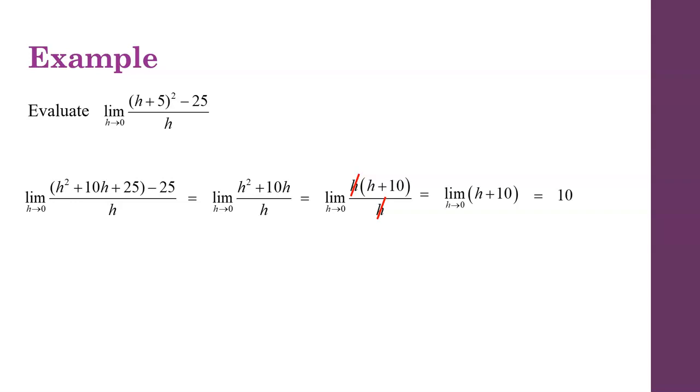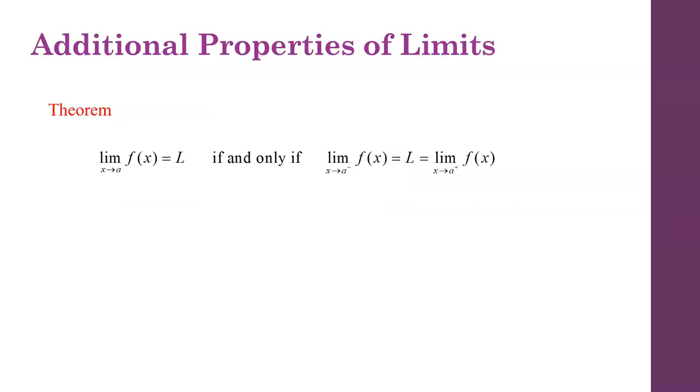Right, next we're going to look at a couple of theorems. The first theorem tells us that the limit as x goes to a of a function f of x is equal to a value L if and only if both the left limit and the right limit give me L. Right, so as I get close to a from the left side, the value that I get should be exactly the same as the value I get as I approach a from the right side.